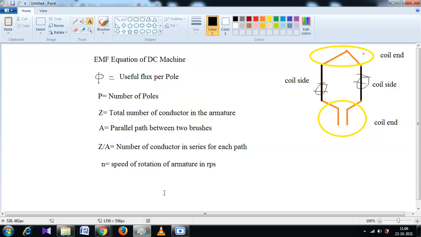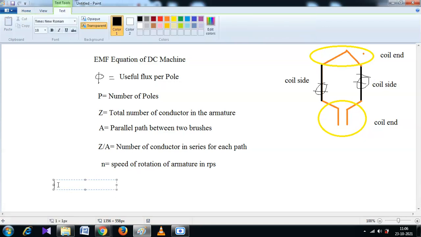Now tell me how much voltage or EMF is produced in a conductor. Generated voltage in a conductor. How much?